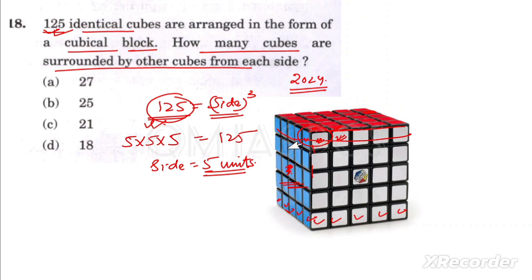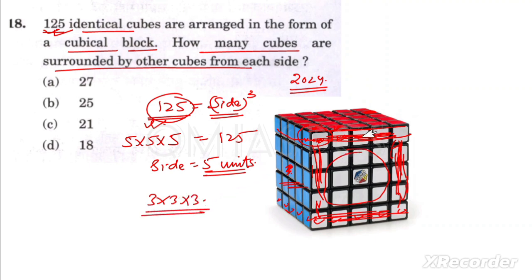Try it. Just from one side I am giving you an example: if you remove this one, you will have a 3 by 3 by 3 cube.